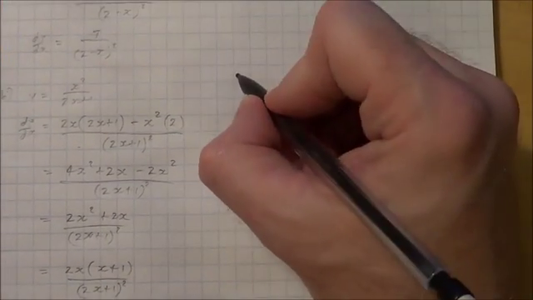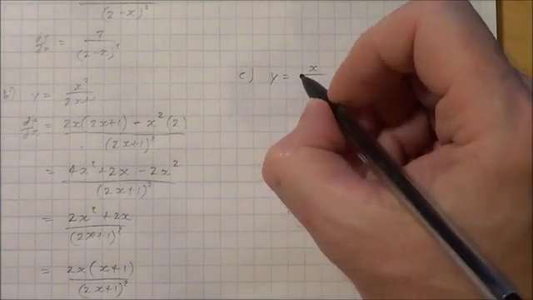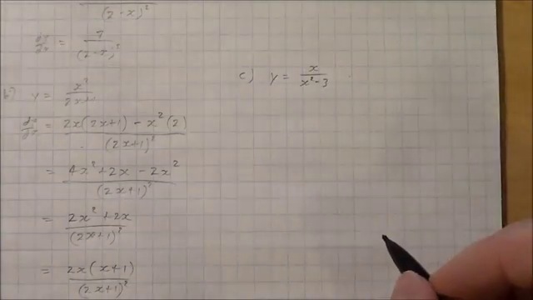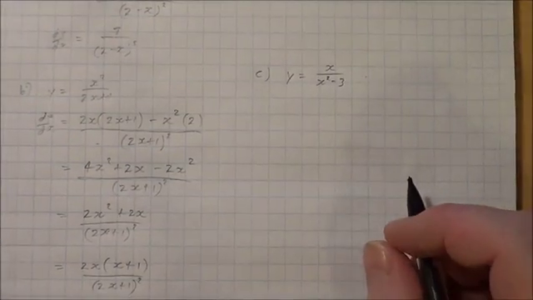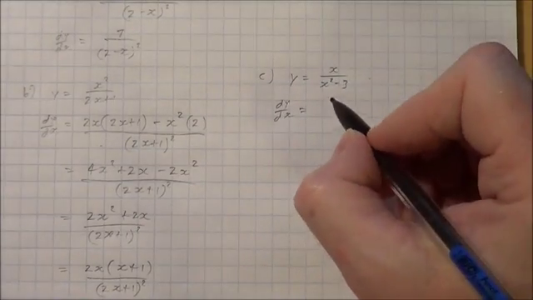Question C, y equals x over x squared minus 3. So I take the derivative of this using the quotient rule again.